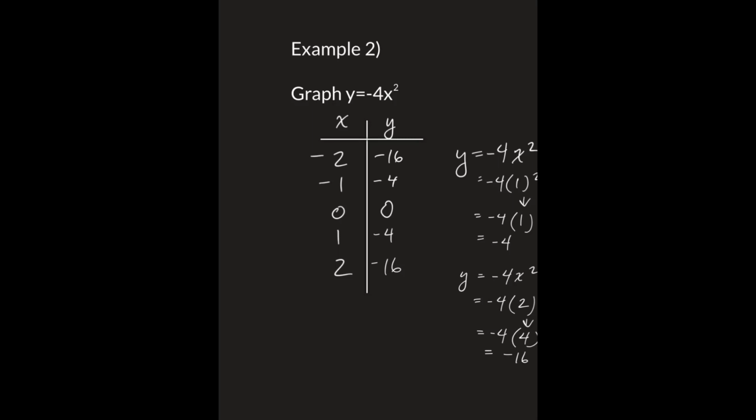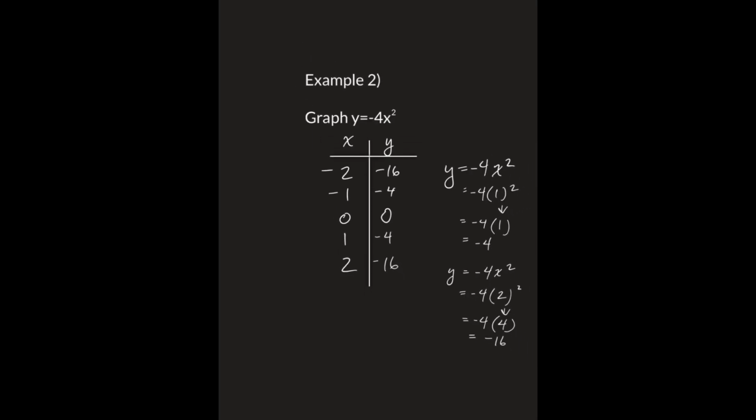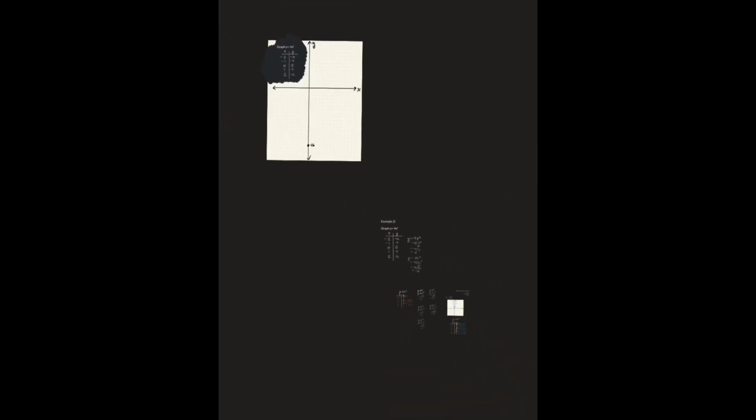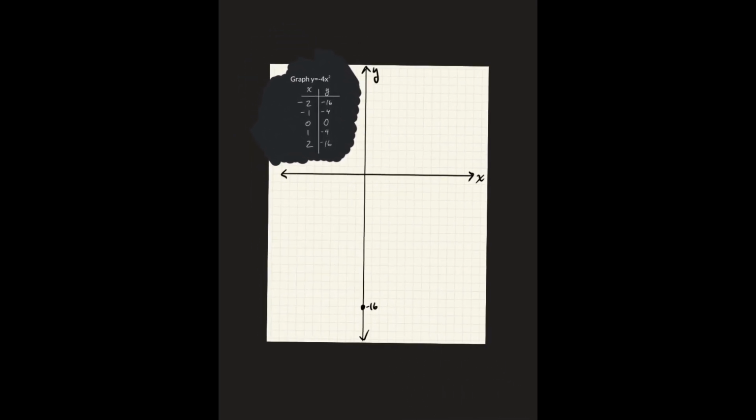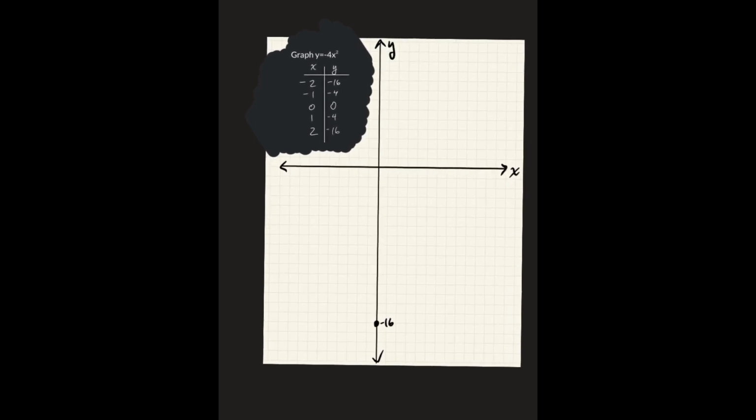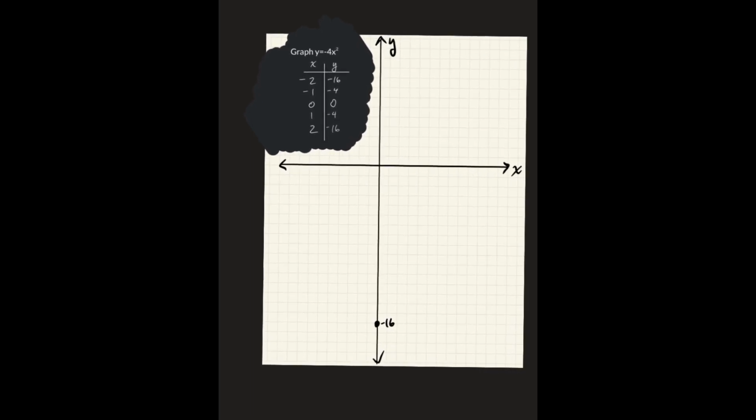All right, so now it's time to graph our parabola. So I have my graph right here. And I don't know if you paid attention to this small detail, but I went ahead and marked where my negative 16 was, because as you can see here, that's pretty low on my graph.